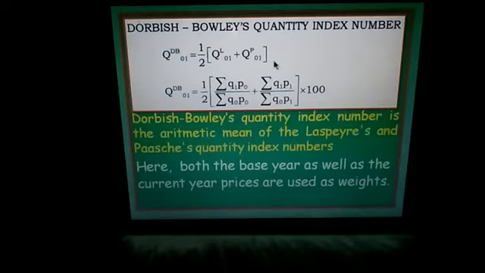So it's the arithmetic mean of Laspeyres' and Paasche's quantity index numbers. Here both base year as well as current year prices are used as the weights. Correct? Here we have used base year prices, and in this one we have used current year prices. Correct?